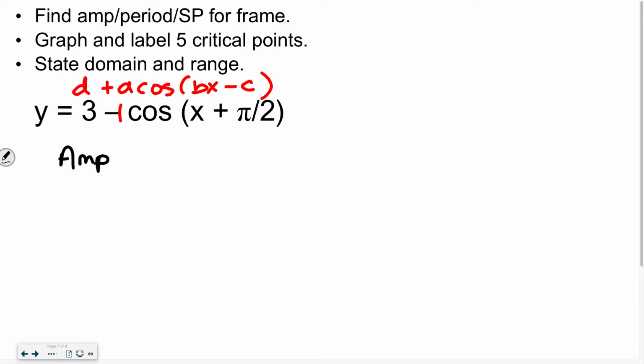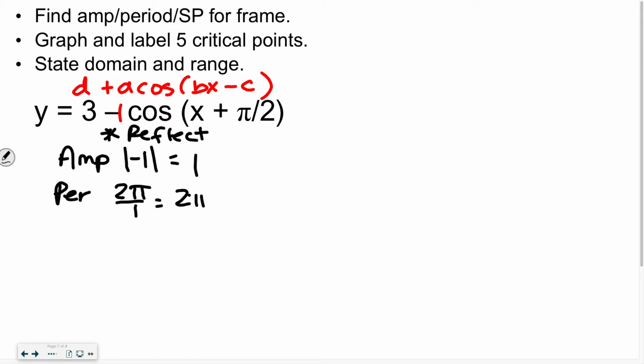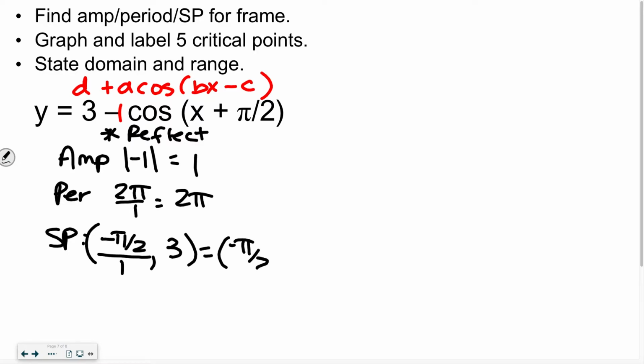Amplitude then would be the absolute value of -1, which is 1. There is a reflection here, so I just have to make sure I draw the right shape. My period is 2 pi over 1, which is 2 pi. And my starting point, the c value, is really -pi halves divided by b, which is 1. And then my d is 3. So that's -pi halves, comma 3.